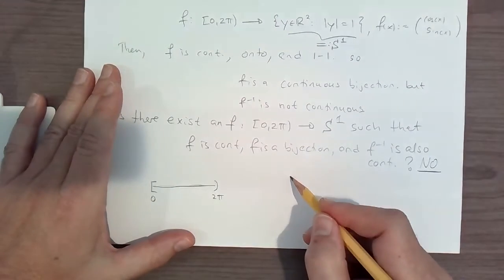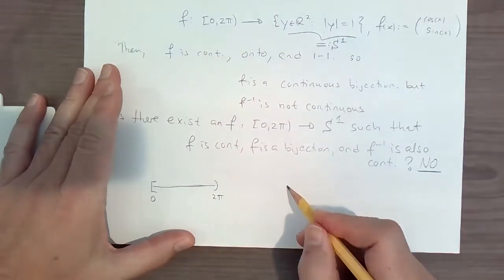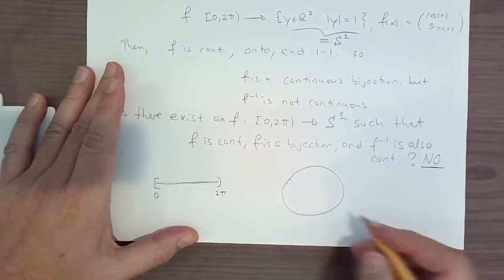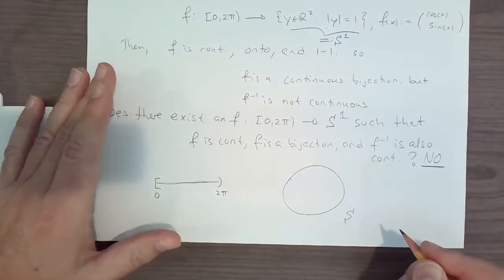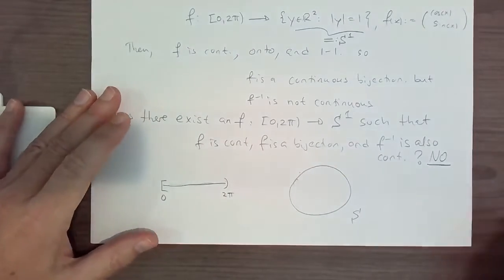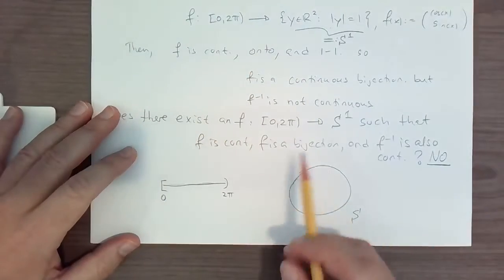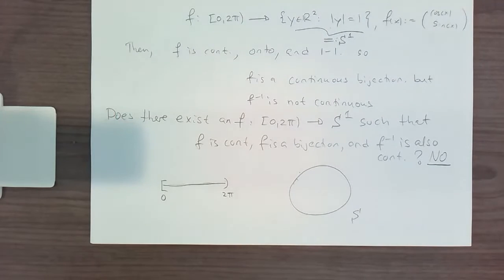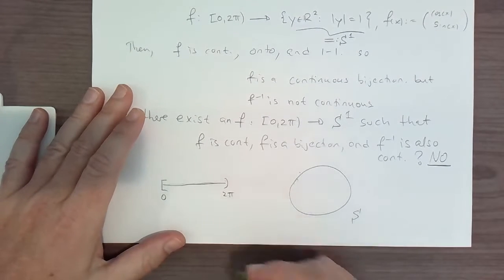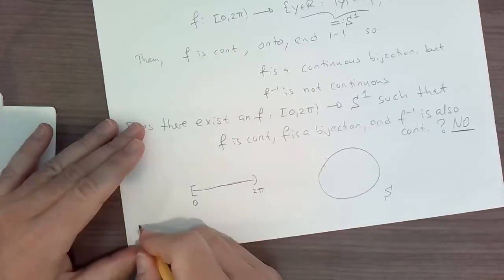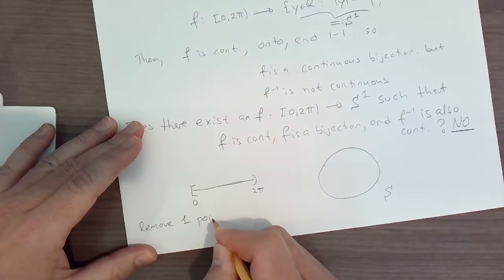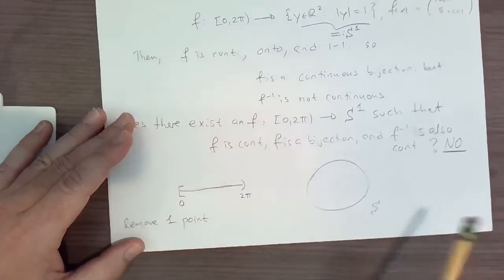And then you have your circle. This is S1. The way to answer this question, at least at a heuristic level, is to say there is such a thing. Say that the answer is yes. Then what happens is, I remove 1 point from each.